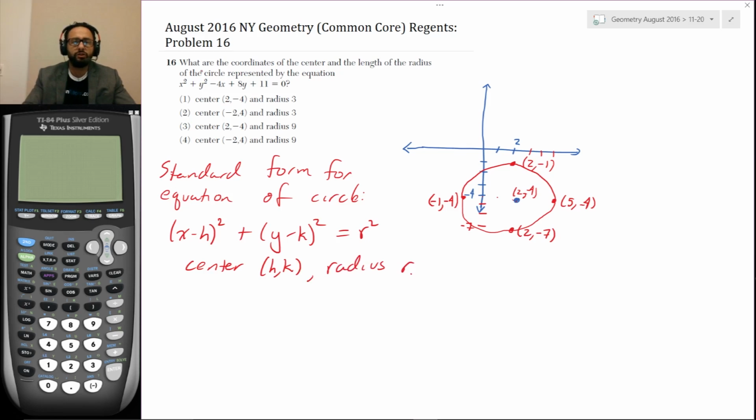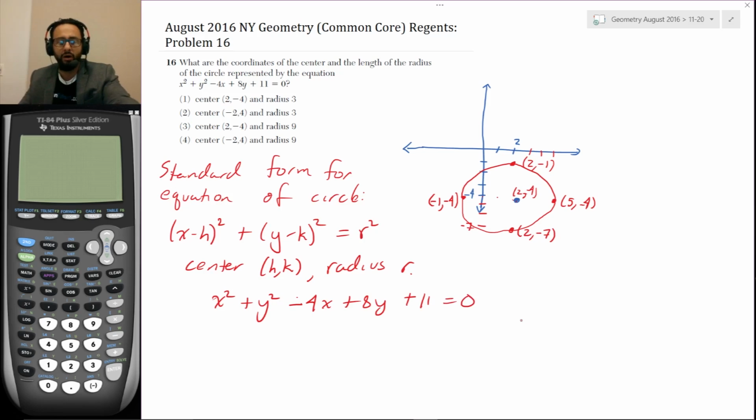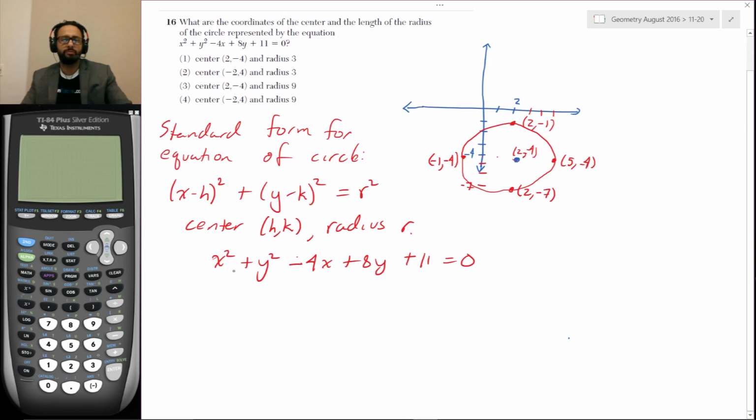So what we need to do is take this original equation and convert it into this form. So x squared plus y squared minus 4x plus 8y plus 11 equals 0. We've got to complete the square twice. So let's scroll down a little bit to give us more space.